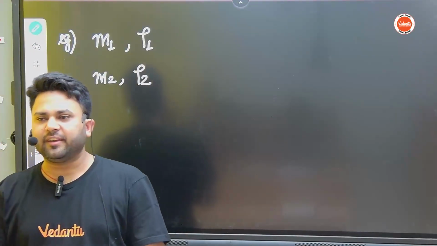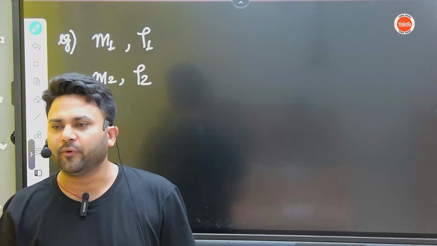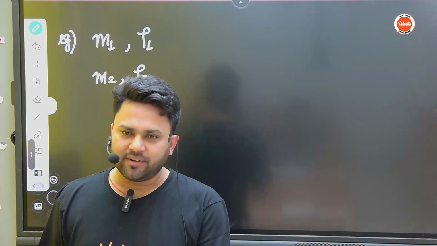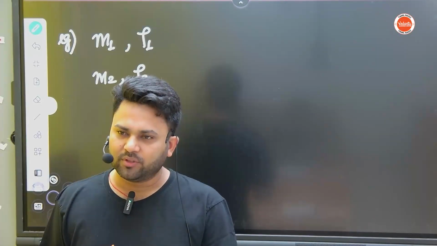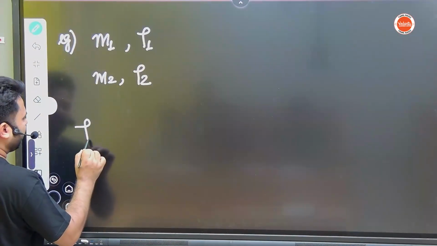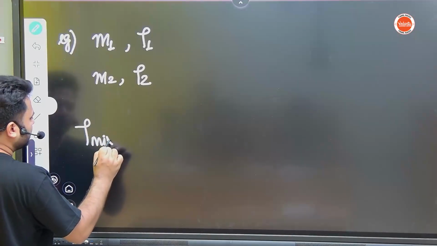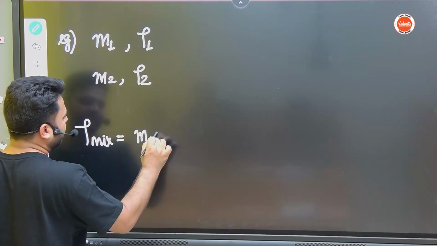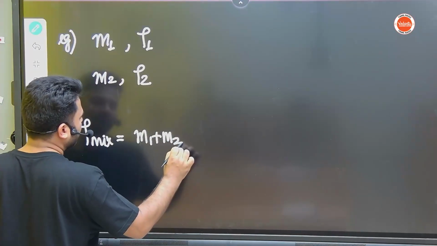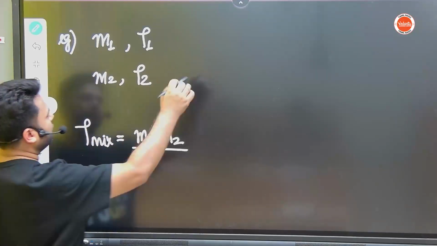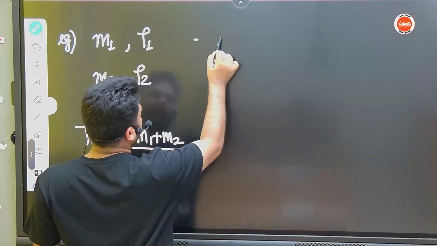So in a container we have two fluids. They will ask what is the density of the mixture. So what is the formula? Total mass will be m1 plus m2 by total volume. Volume is not given, so we will calculate it.